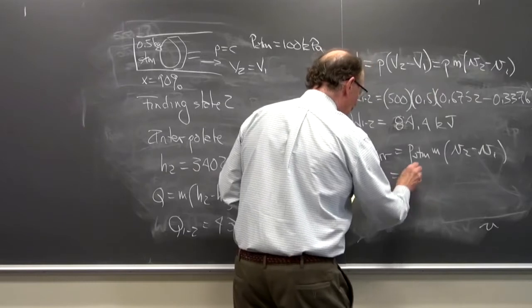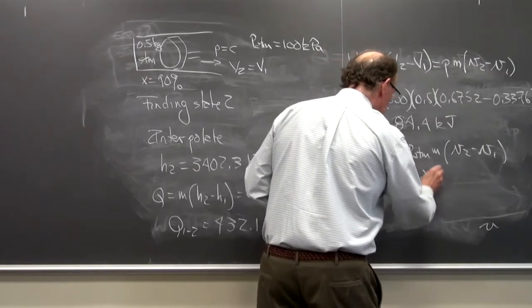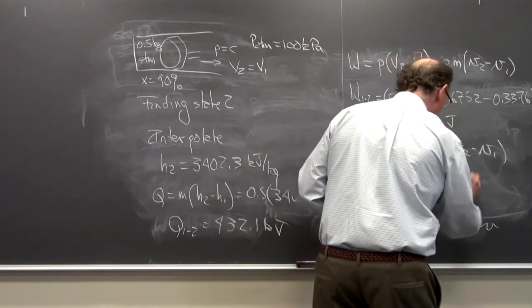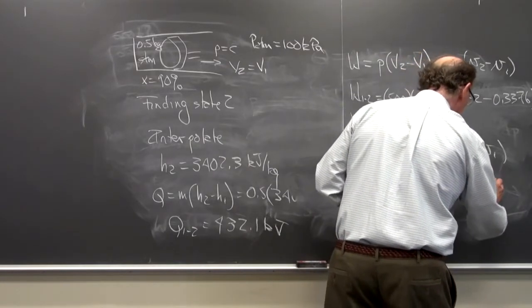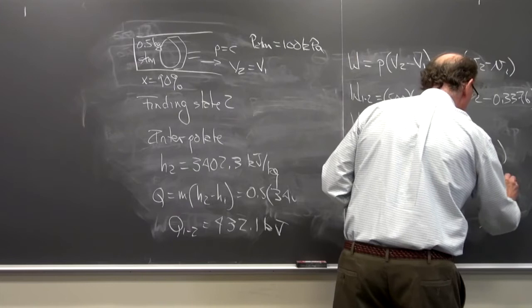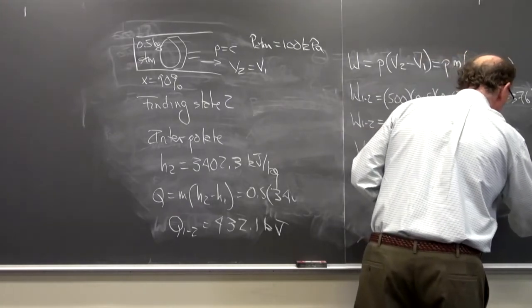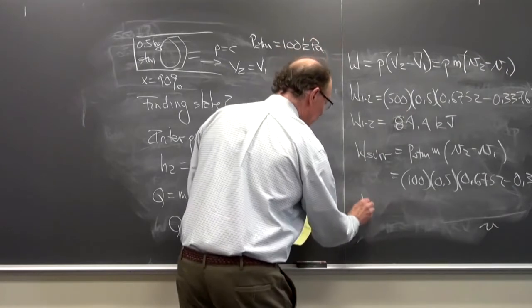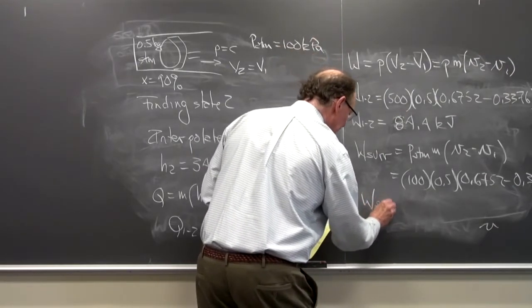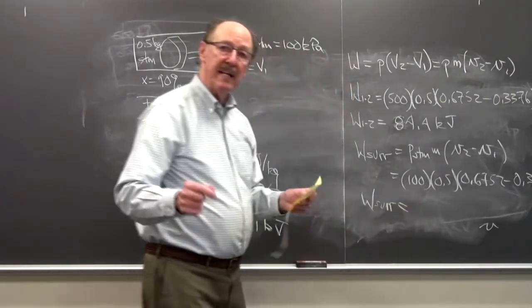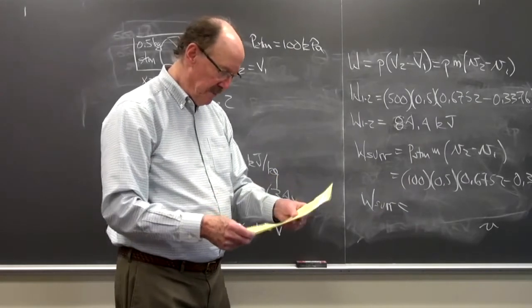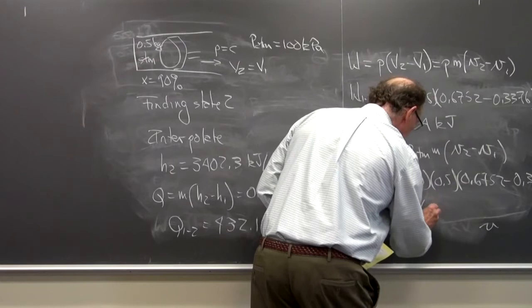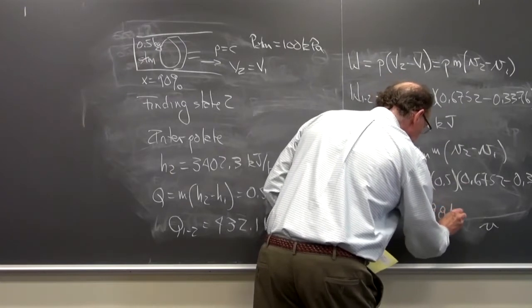So we have 100 times 0.5 times 0.6752 minus 0.3376. And when we do this, the work against the surroundings that we see is 16.88 kilojoules.